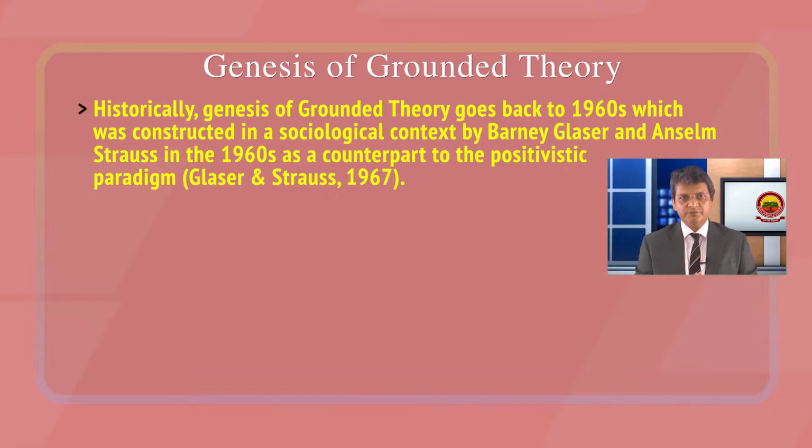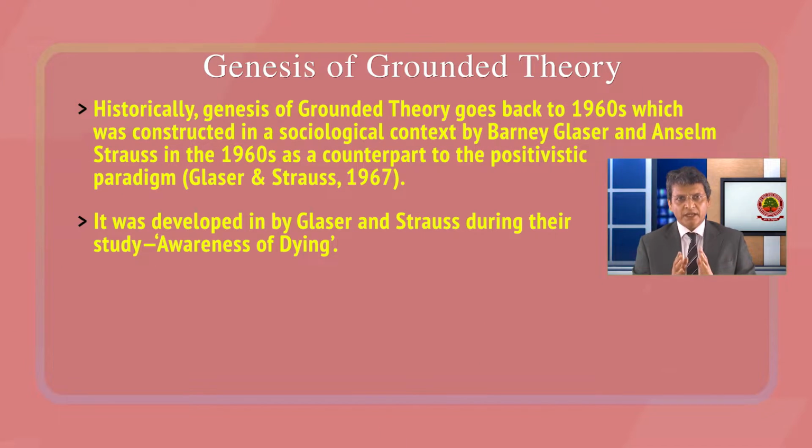Historically, the genesis of grounded theory goes back to the 1960s, when it was constructed in a sociological context by Glaser and Strauss as a counterpart to the positivistic paradigm. It was developed by Glaser and Strauss during their study called Awareness of Dying.